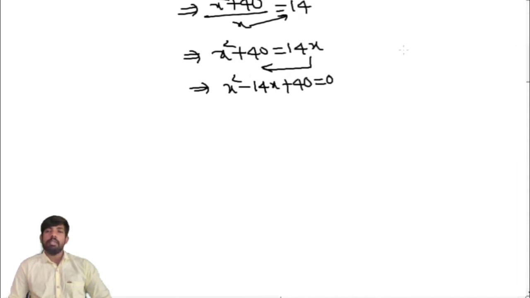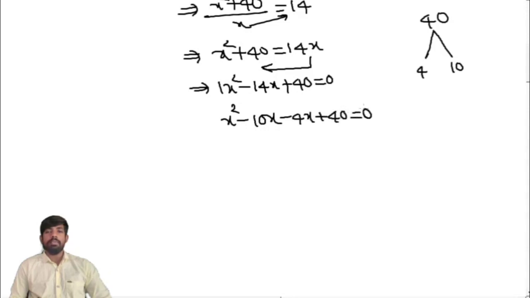Factorization. The middle term is 14. Now 1 into 40 is 40, so 40 can be reduced in how many ways? 4 tens are 40, and 4 plus 10 is 14. So I can write x square minus 10x minus 4x plus 40 equals 0. The middle term is split as minus 10 minus 4, which is minus 14.